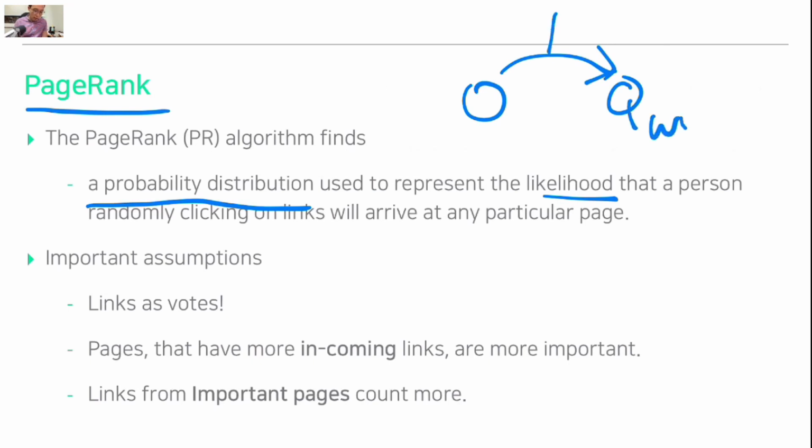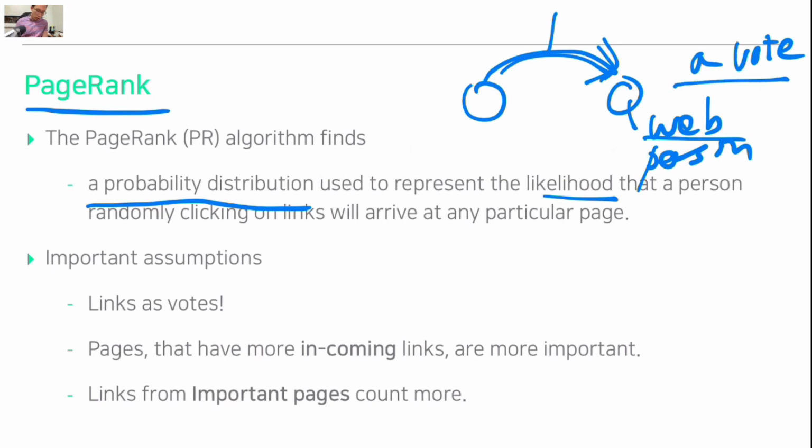It could be a person, right? You give your hyperlink to a web page, and the web page got a vote from you. So it's similar to the presidential election. When a person has more votes, they are likely to be elected president, right? So the pages or people with more incoming links are more important. This is one of the important assumptions in PageRank.